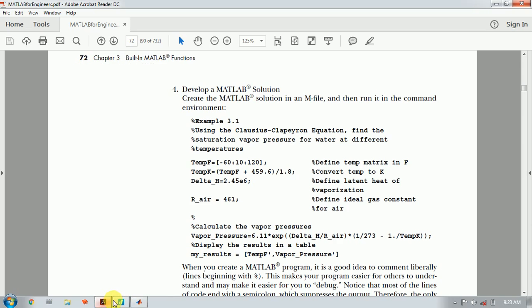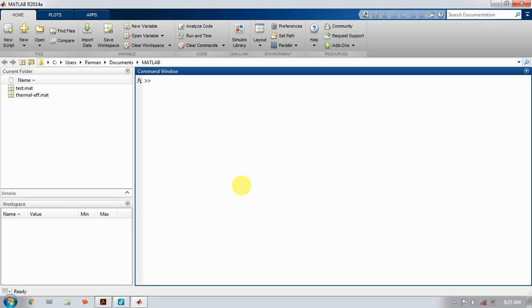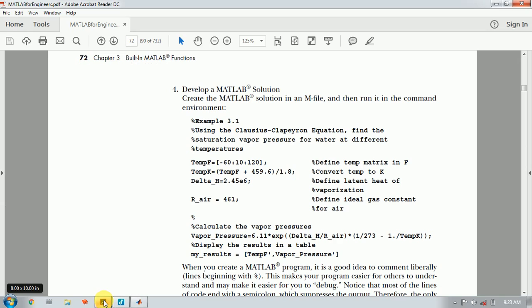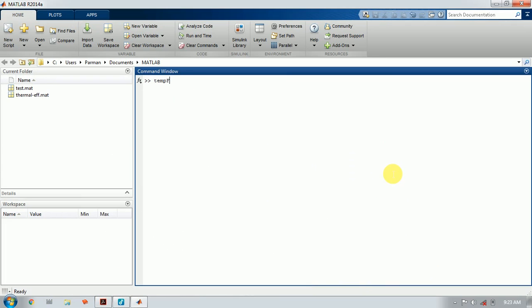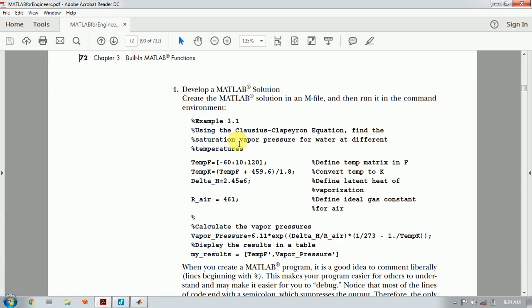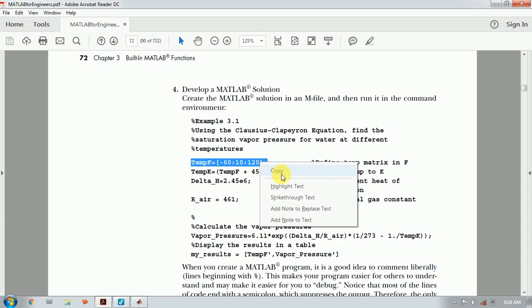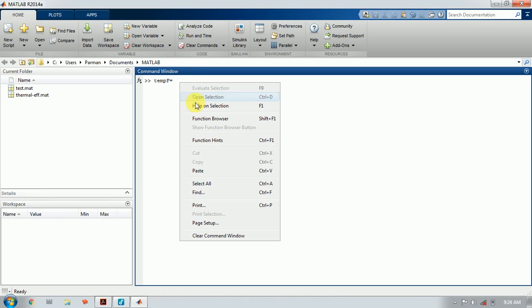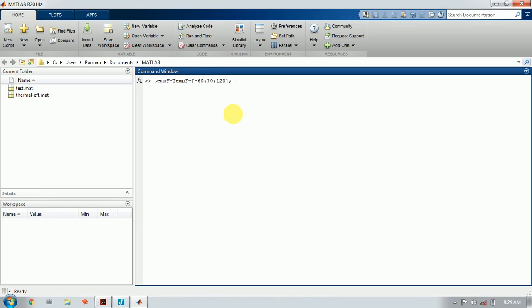First of all, we define the temperature vector in Fahrenheit. Okay, we write F equal to minus 60 to 120 in steps of 10.